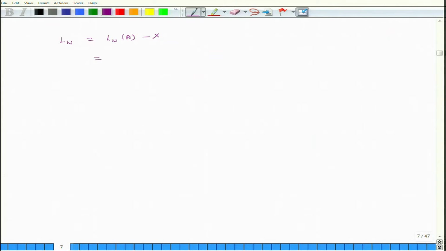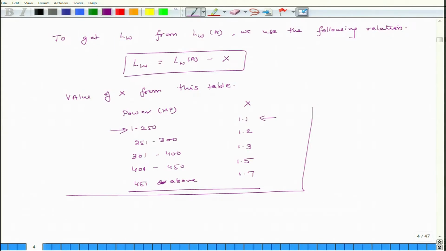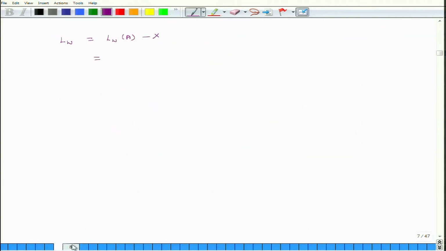The sound power level is the A weighted power level minus this X, and I have to subtract this value. So, I get 73.5 minus 1.1, and I end up with 72.4 decibels. So, I have gone from dBA to dB.